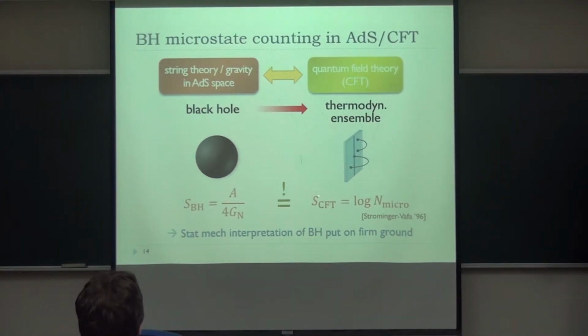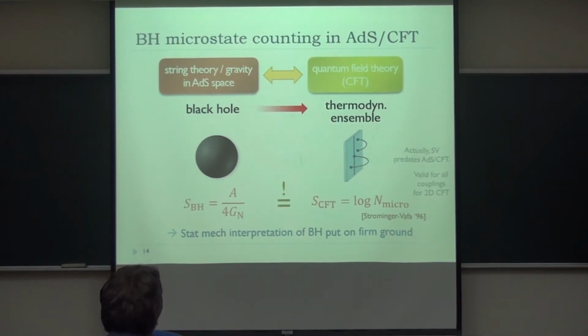And you get some CFT entropy, and this surprisingly agrees with the Bekenstein-Hawking entropy for the bulk black hole. So this work has put the statistical mechanical interpretation of the black hole on firm ground.